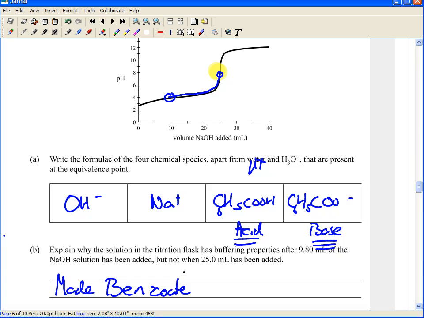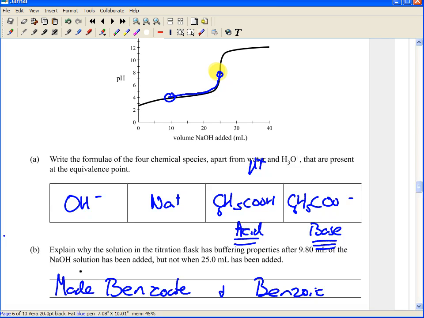It neutralizes it. Okay? But there's still unreacted benzoic acid available. Okay? So, the benzoic acid is still there. And therefore, it is buffering it in the other direction.